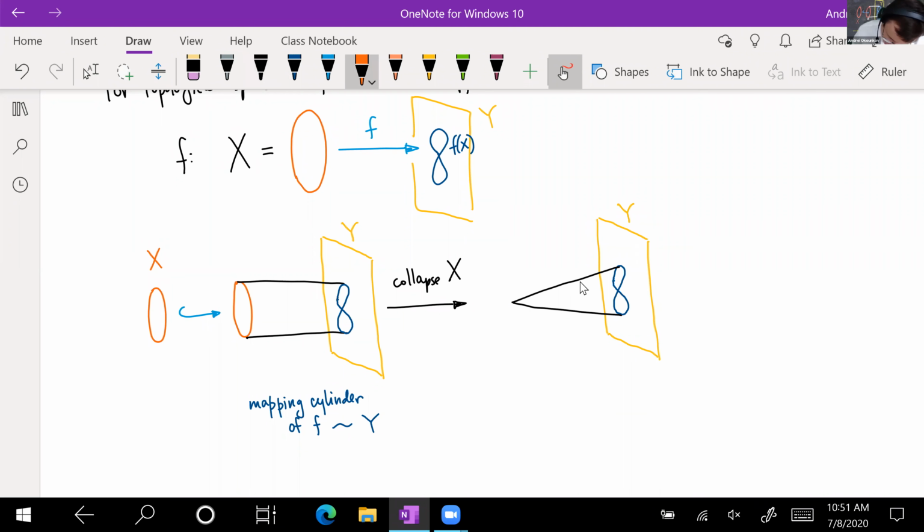The cone is still a cone over X, so it looks like that. And so this is the cone of this map.